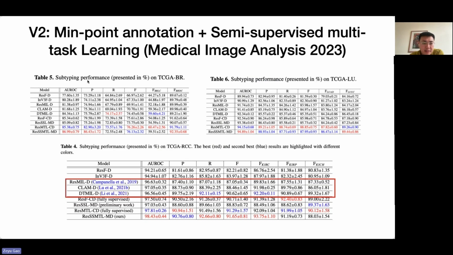Then we tested the performance on three datasets, all from TCGA: renal cell carcinoma, breast cancer, and lung cancer. We show that we achieve the best performance compared with CLAM and attention-based multiple instance learning, which were already available that year. We also compare performance with them because we have some few annotations, so it's meaningful, and we get better performance.